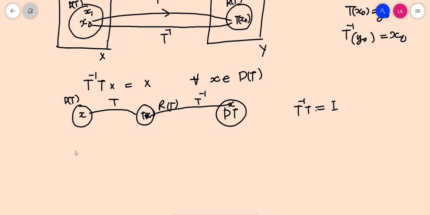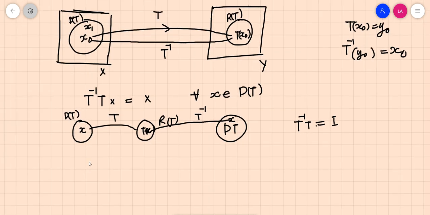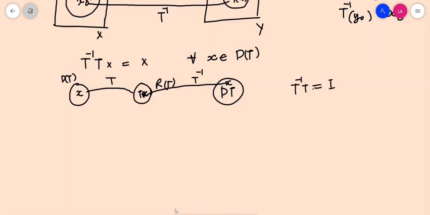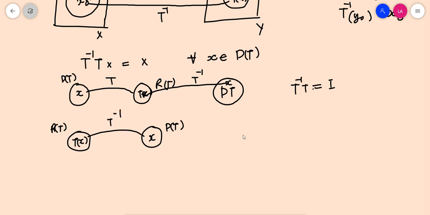So if we take first T inverse, that is the map from R(T) to D(T), the map which maps T of x to x. This is actually T inverse. Now take D(T) to R(T), x to T of x, which is actually T.